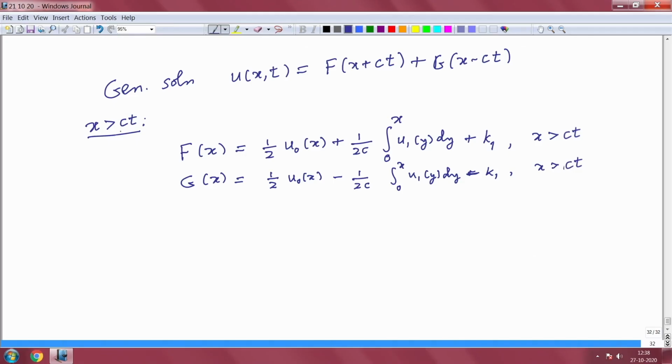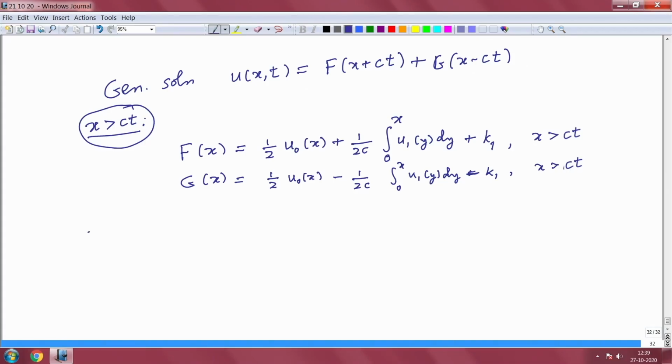That is how, in this region, x bigger than c t means x minus c t is positive and x plus c t is positive anyhow. So, we can use this f and g in terms of the initial data and compute the solution.